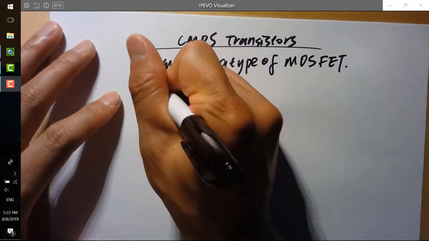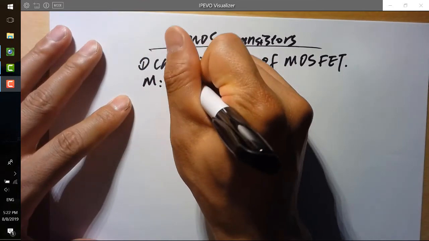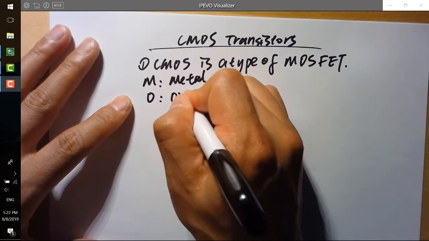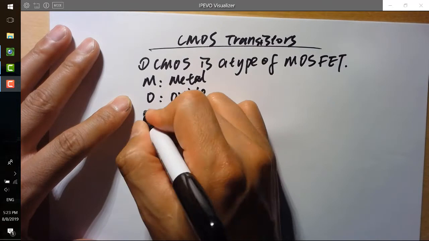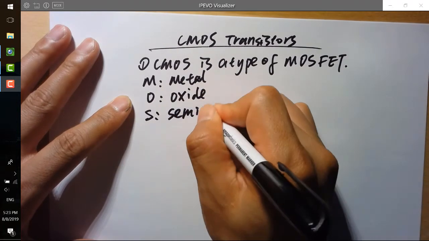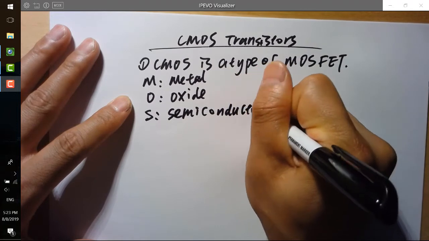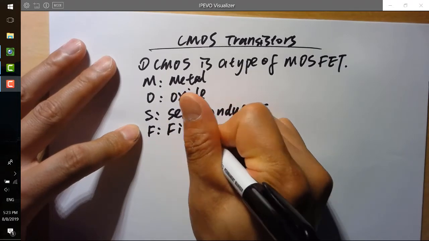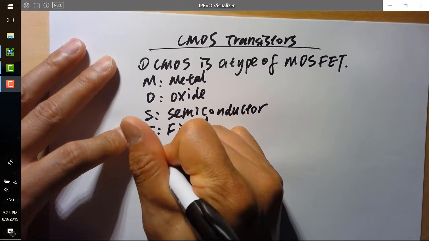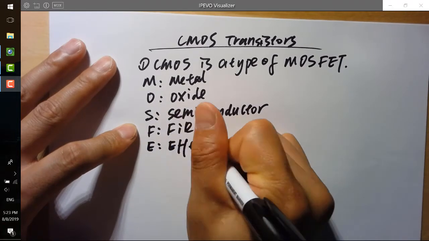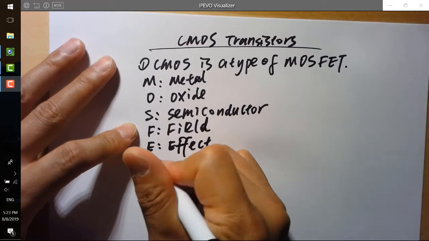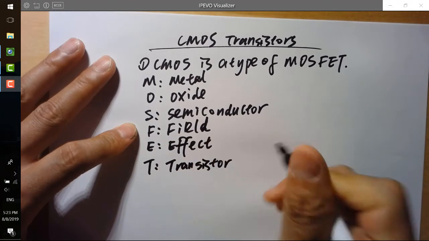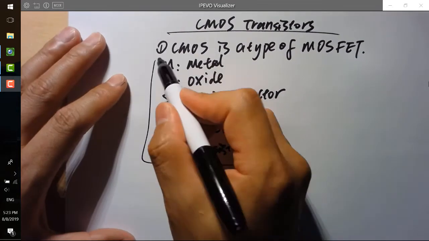M stands for metal, O stands for oxide, S stands for semiconductor, F stands for field, E stands for effect, and T means transistor. So that's MOSFET, and we are going to introduce that.